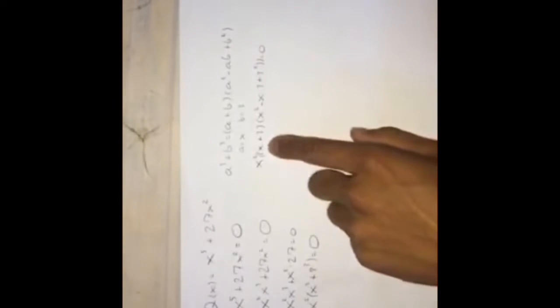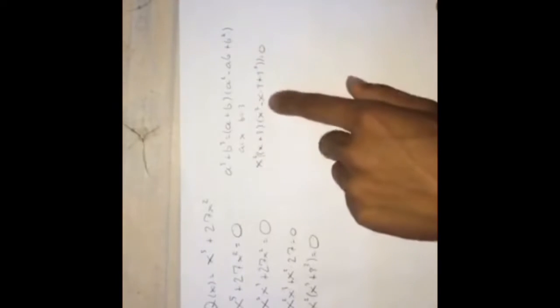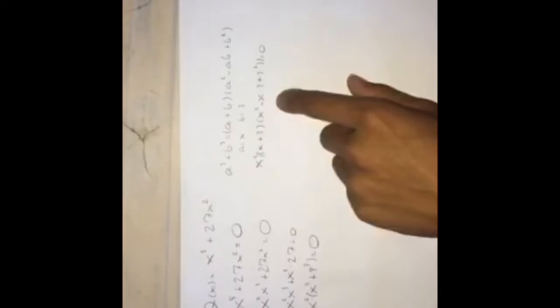And all I've written here is our equation. I've just plugged it into this formula, and this is what I've come up with. And all we need to do now is factor and simplify. So I'll do that now.